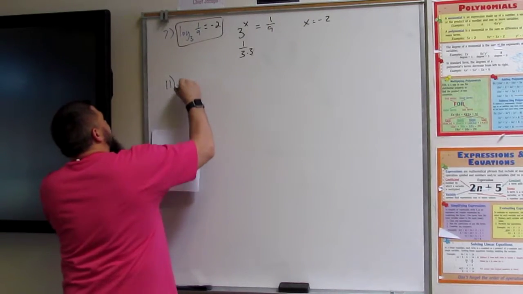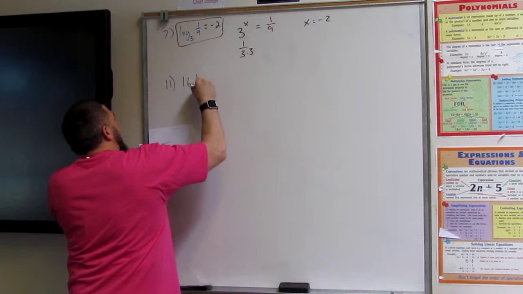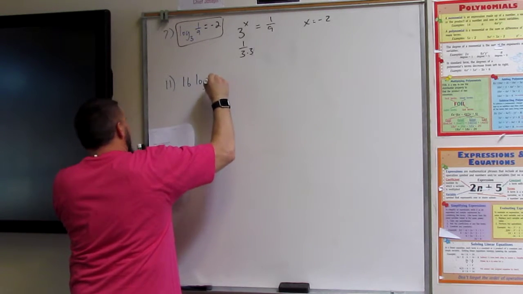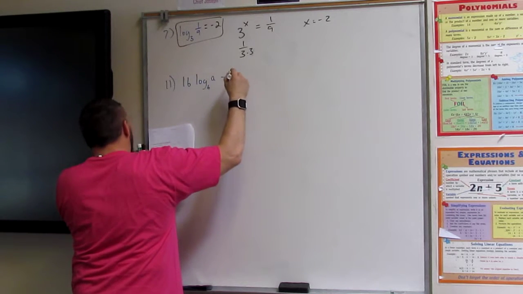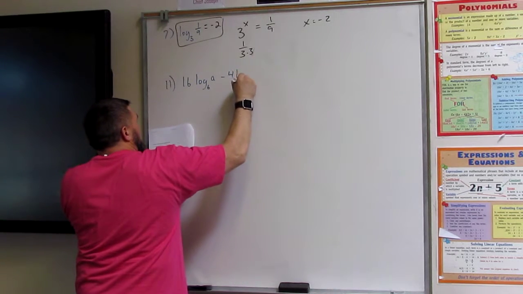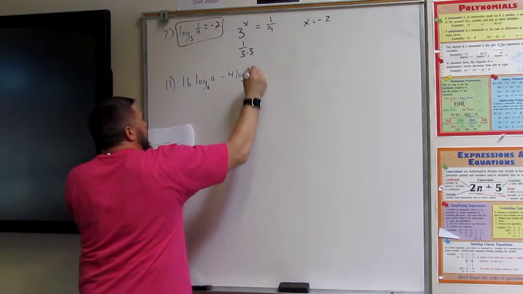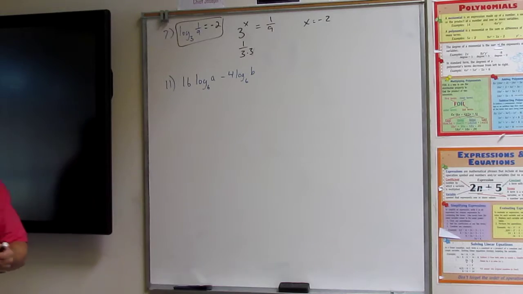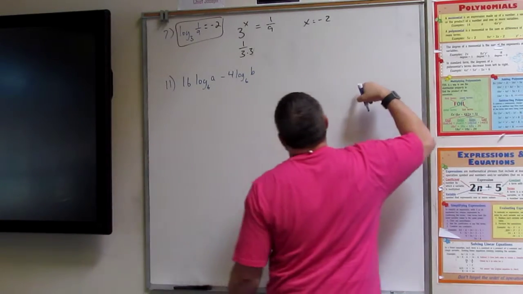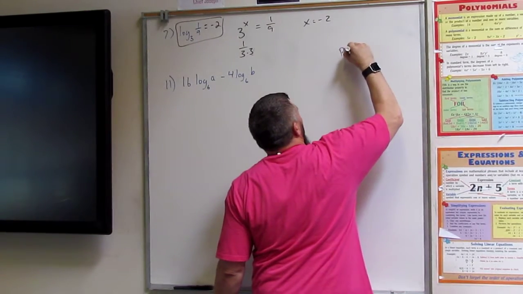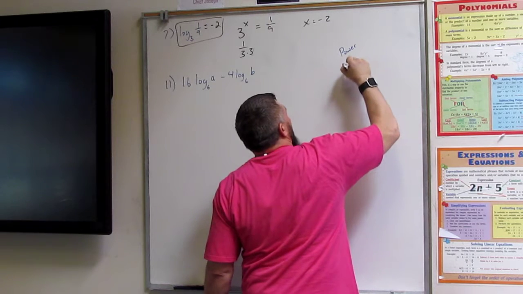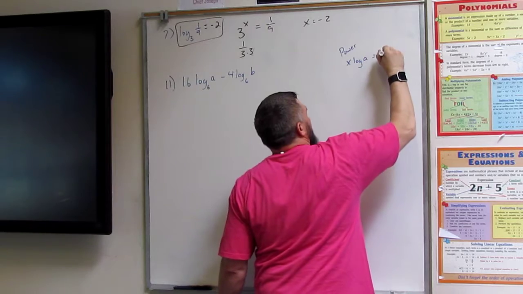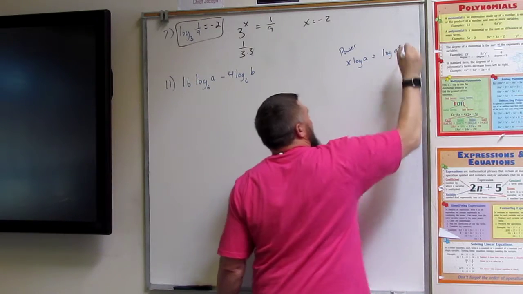We got 16 log base 6 of A minus 4 log base 6 of B. Now here we need some of those other rules. So here we're going to need the power rule. The power rule is x log of A is equal to log of A to the x.